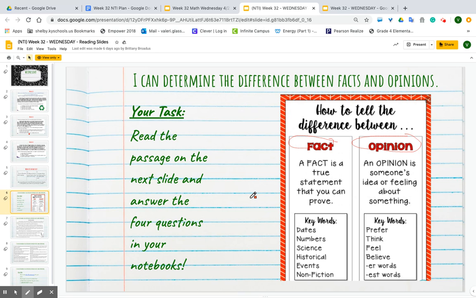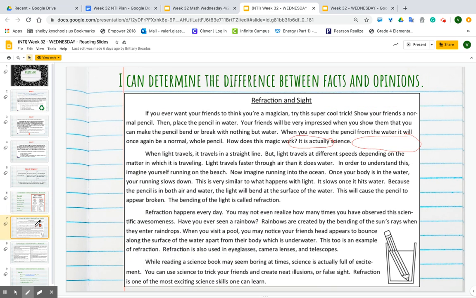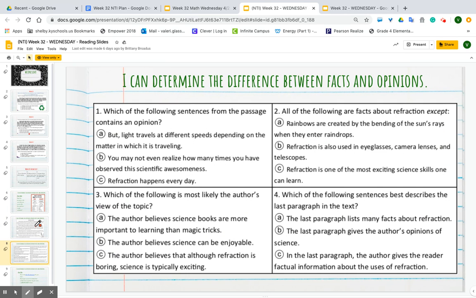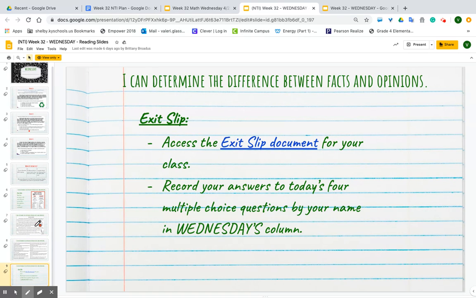An opinion is just what someone's thinking. You're going to read the passage, refraction and sight, and then you're going to answer those 4 questions. And I told you yesterday, you can either do it on that exit slip document, or a lot of you have been keeping a document that you add to every day with all your work on it, and then you send it to me. Either way is fine.